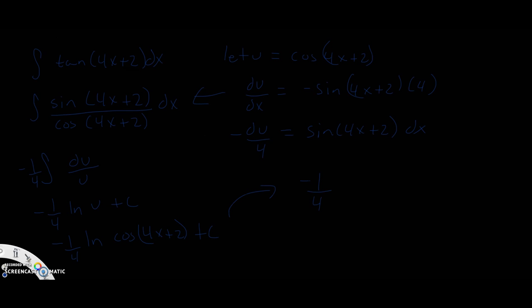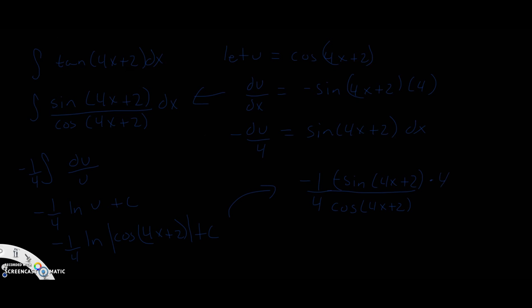So now the derivative of ln of cosine 4x plus 2 is going to be 1 over u, so du over u, so cosine 4x plus 2. And now the derivative of the actual angle is going to be negative sine 4x plus 2 times 4.